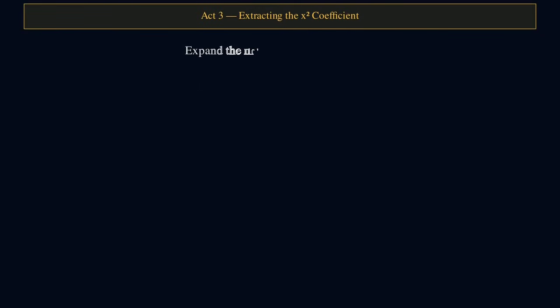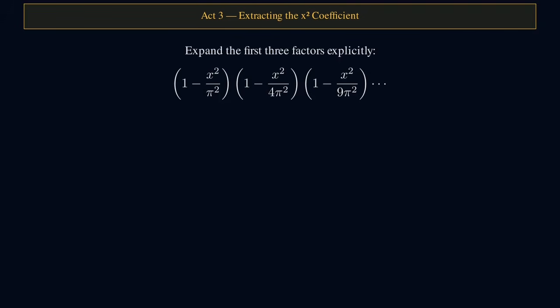So now we have sin x over x equals the product of (1 minus x squared over pi squared) times (1 minus x squared over 4 pi squared) times (1 minus x squared over 9 pi squared), and so on.